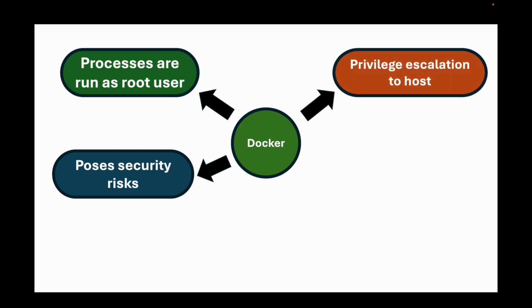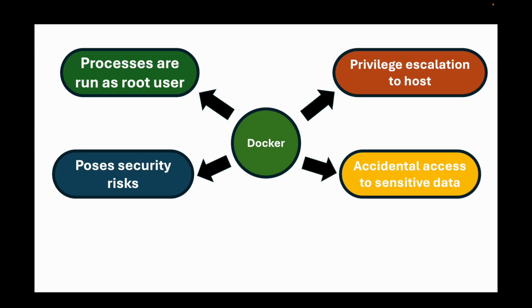So, if someone gets access to your containers, they may get privilege escalation to the host machine. If there's a vulnerability in the container runtime, like Docker or containerd, and the process is running as root, an attacker could break out of the container and execute code on the host machine as the root user.